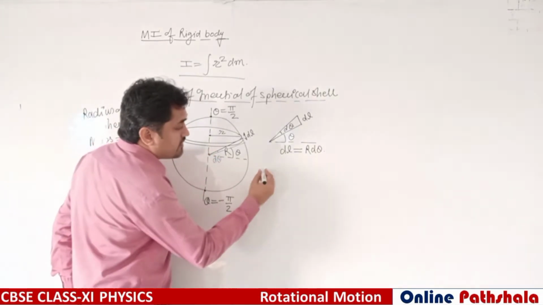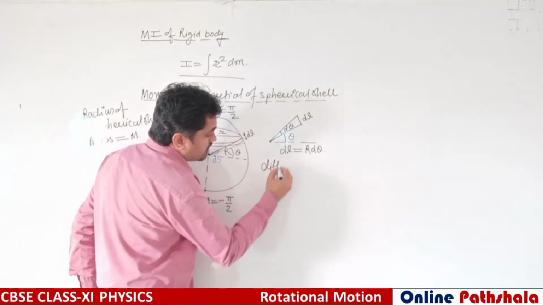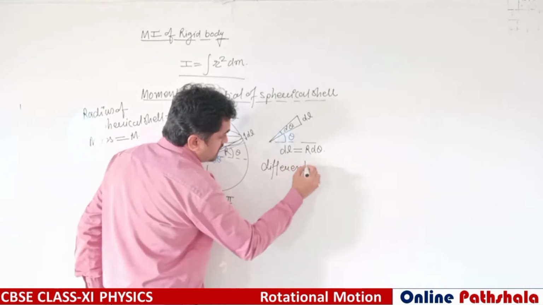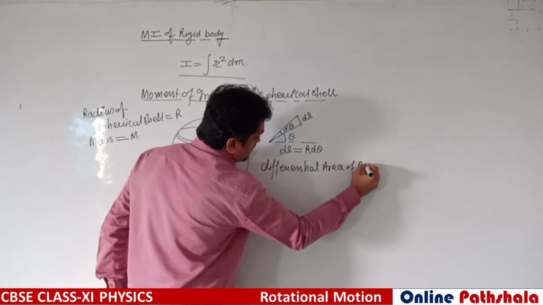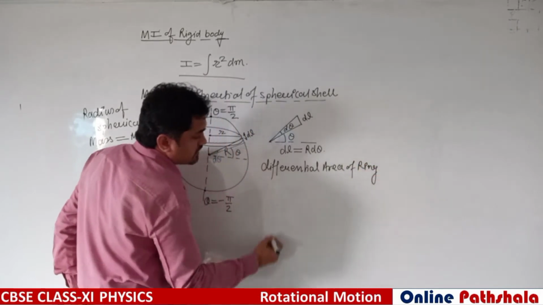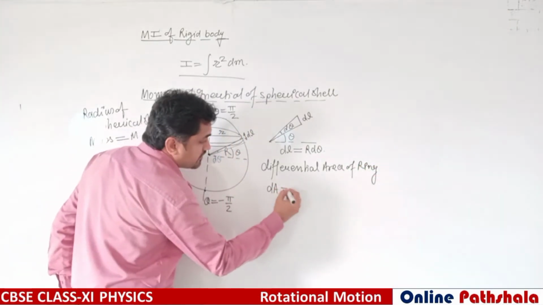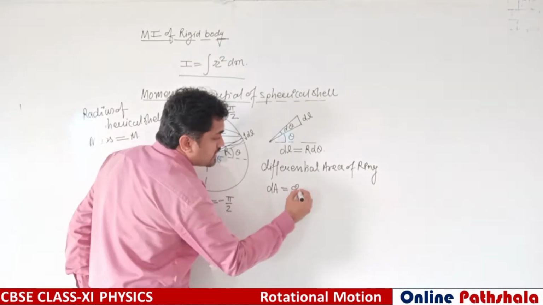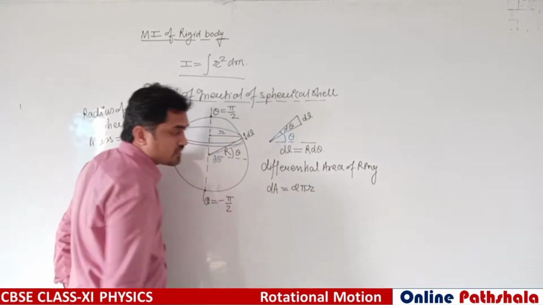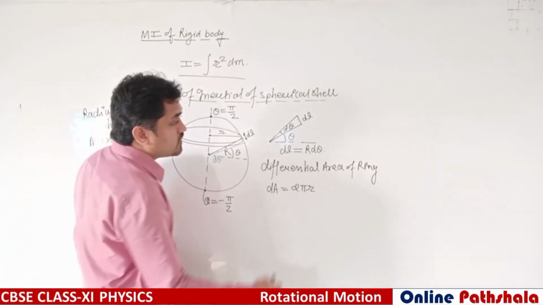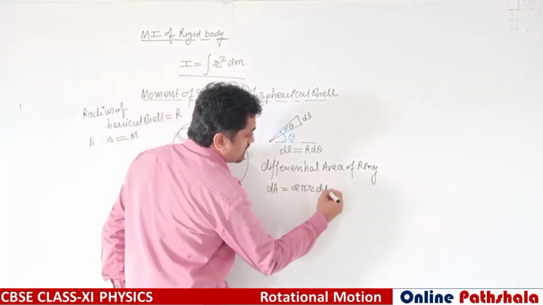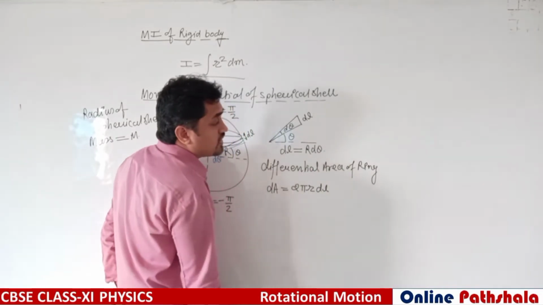We have to find the differential area. Differential area of the ring. So, what is the differential area of the ring? Again, it is the total length 2 pi r into thickness dl, and this dl can be written as r into d theta.